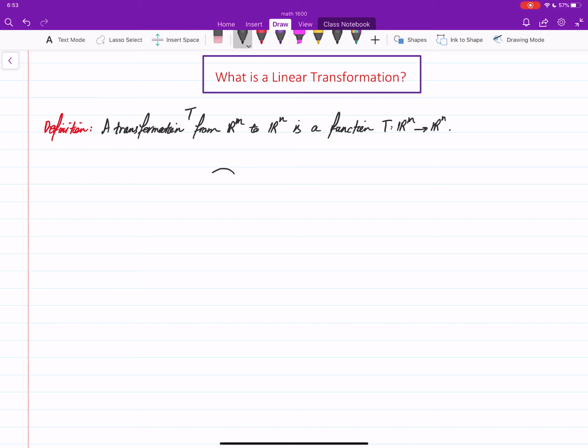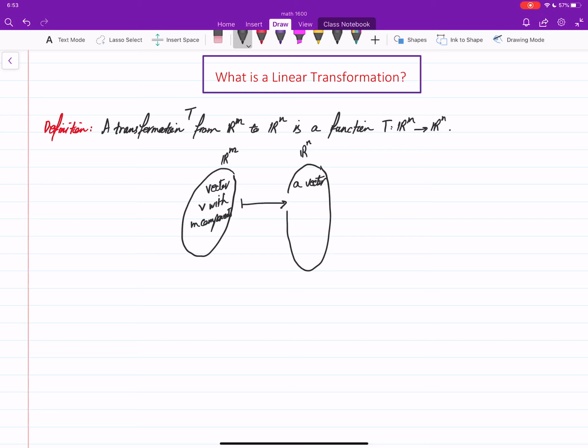It means that for any vector v with m components, these all form Rm, there is something unique in Rn, which we denote as a unique vector Tv in Rn with n components. Okay, this is the definition of a function.